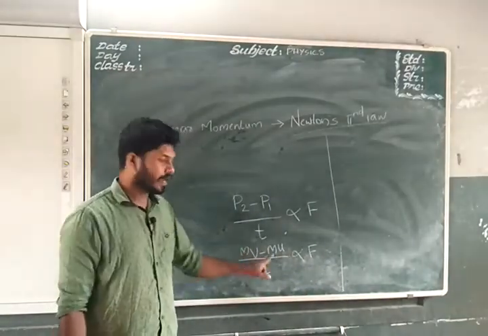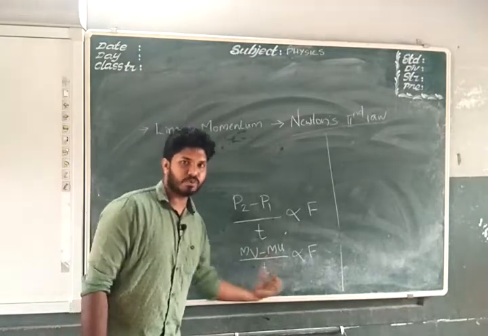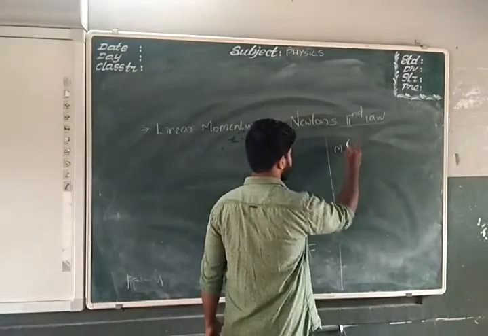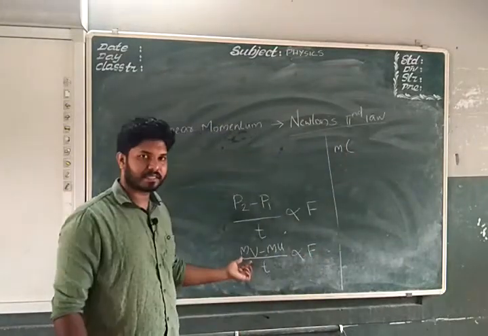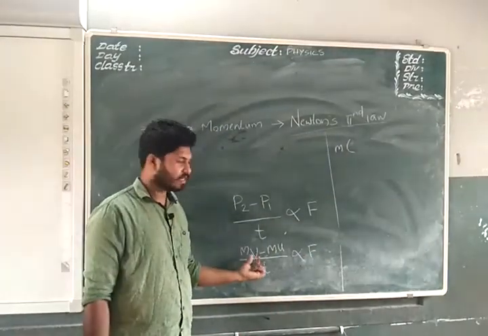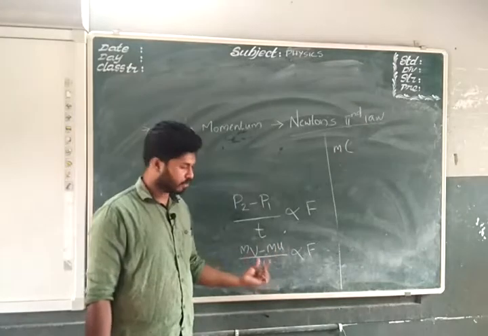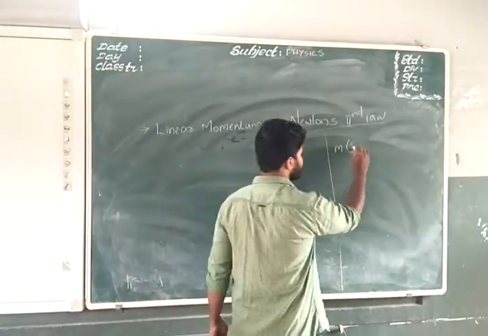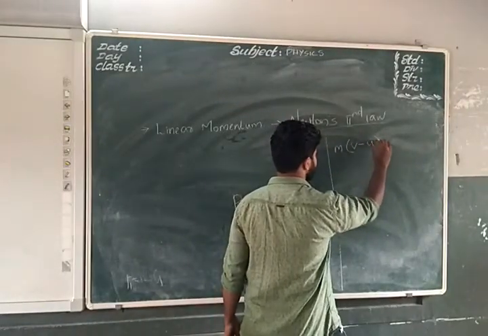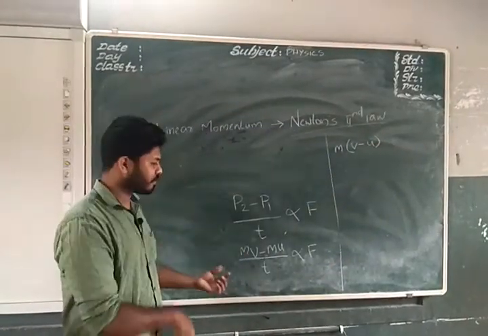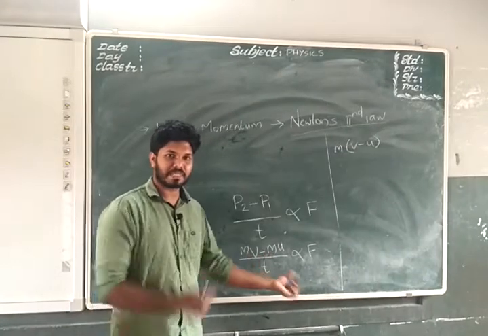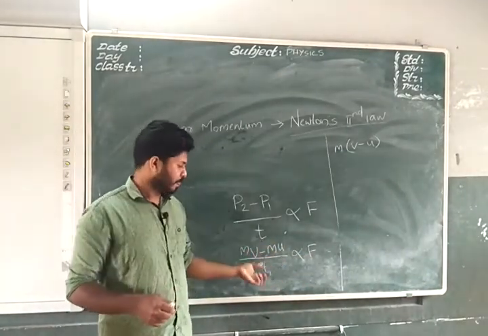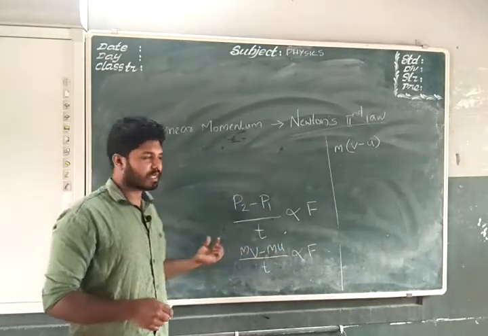Here you can see m is common in these two terms. So we can take the common term m outside. What will be coming in the bracket? What is left here? v, and what is left here? u, and in between there is a minus. So it becomes m into (v minus u). Why do we take m outside of the bracket? Because m is a common term in both mv and mu. That's why we take m outside.